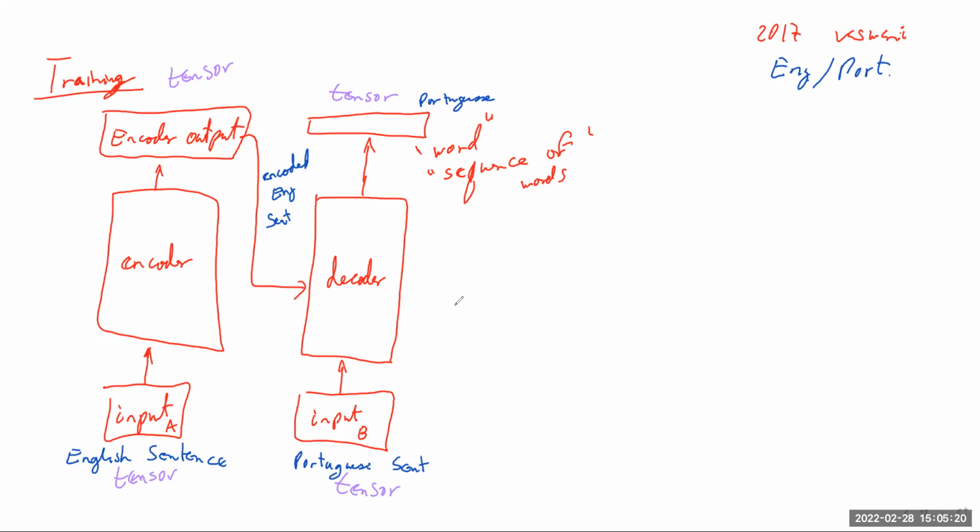That's the only thing. So you have an English sentence here. This is the encoded English sentence. This is the Portuguese sentence, which goes into the decoder here. And then it produces another Portuguese sentence over here.